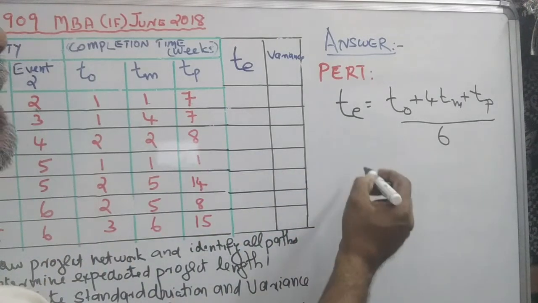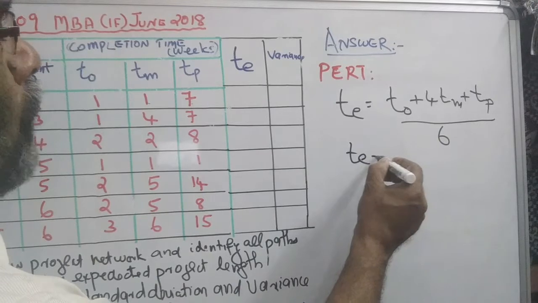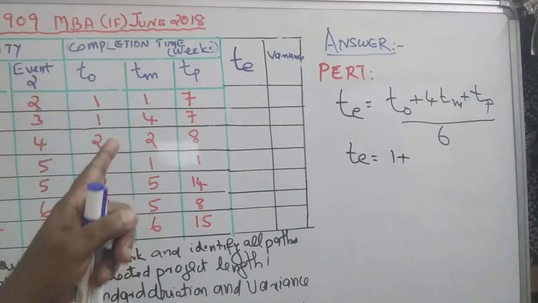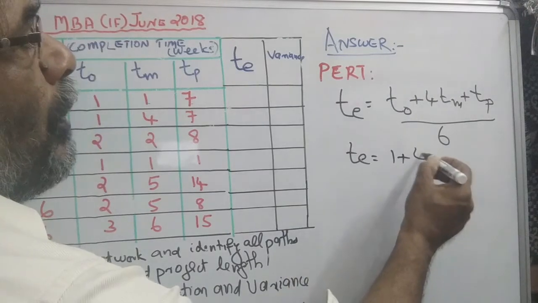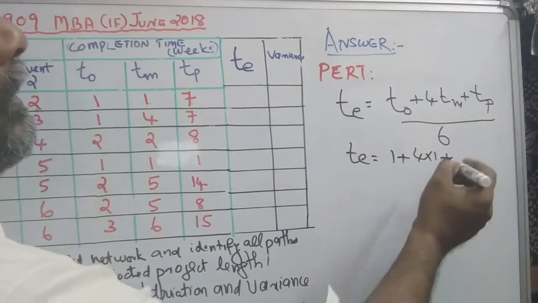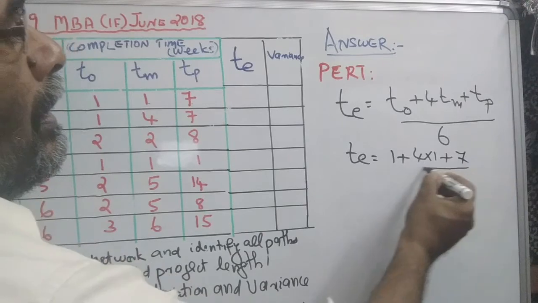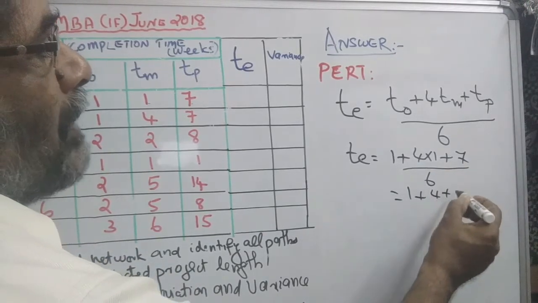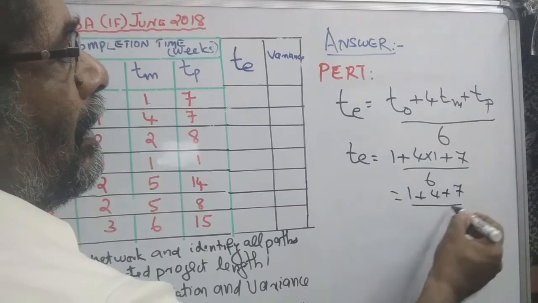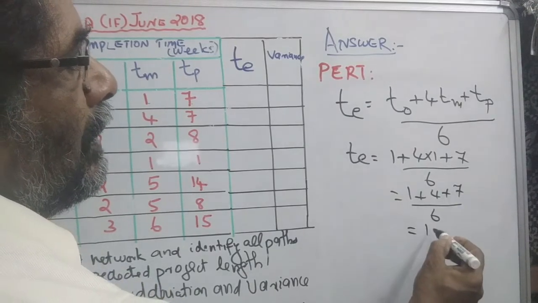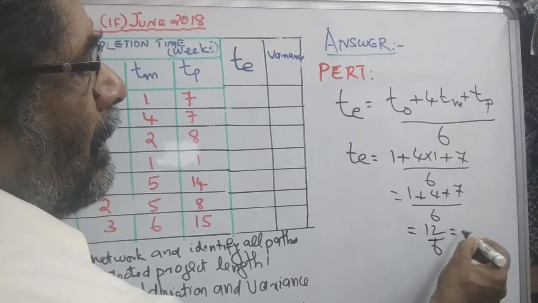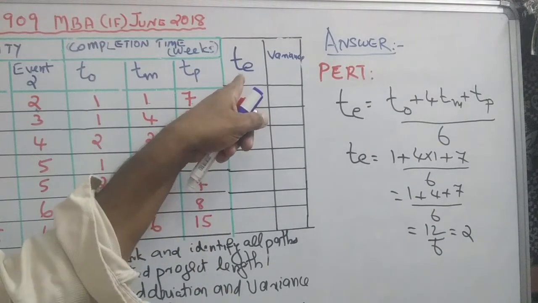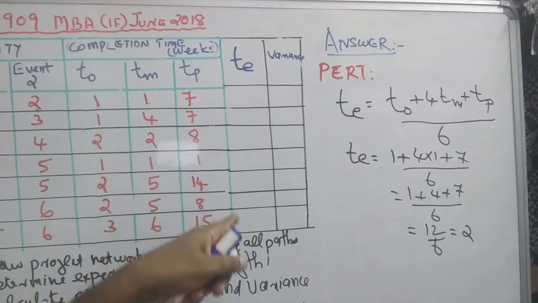For the first activity, TE is equal to optimistic time 1, plus 4 times most likely time, 4 into 1, plus 7, divided by 6, that is 1 plus 4 plus 7 by 6, that is 12 by 6, equal to 2. In this fashion, we calculate the expected time for each activity.